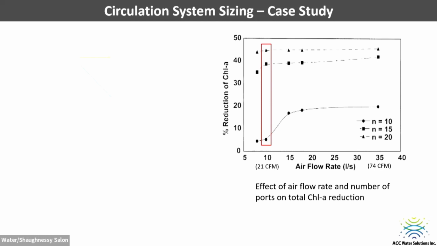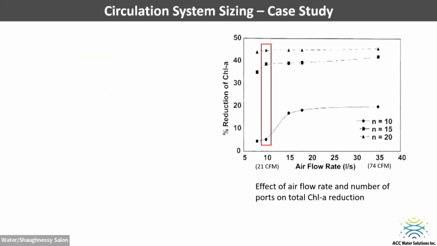Now they increased the airflow from 10 liters per second to 15 liters per second. They're getting some result, but it's not as good as just increasing the number of diffusers from 10 to 15. Now, when I was saying that we need to do a cost-benefit analysis, to find the maximum, that comes into play here, like 74 CFM.